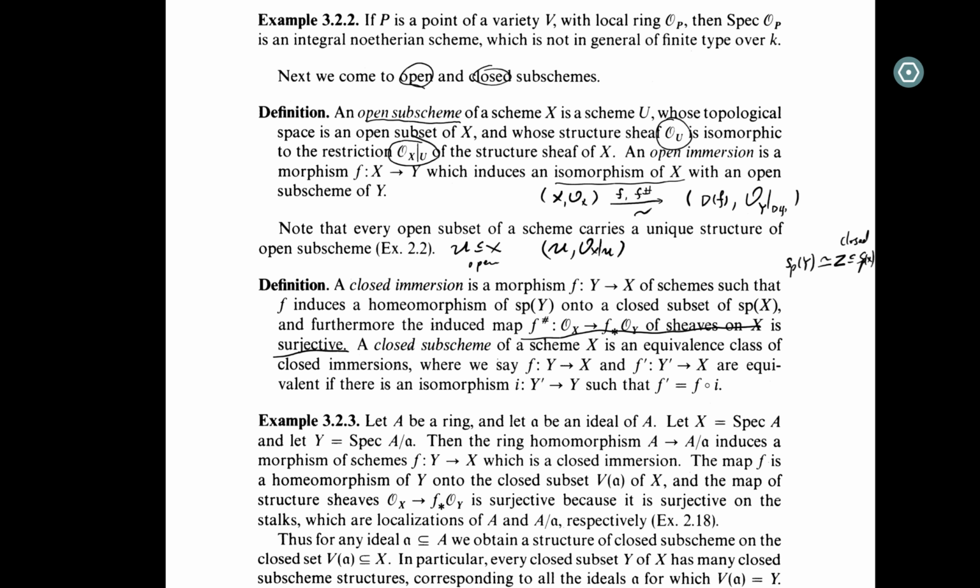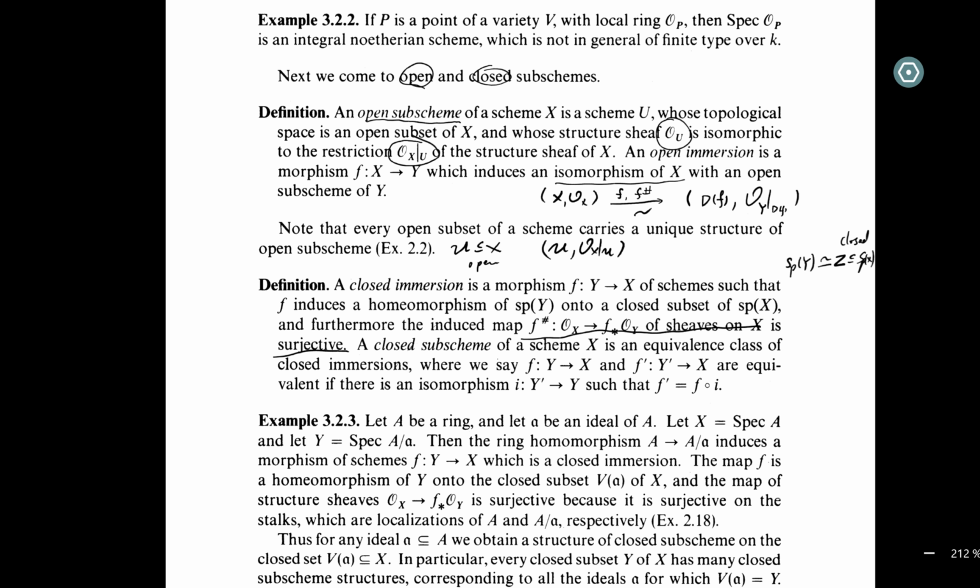A morphism f from Y to X of schemes is a closed immersion if, first, at the topological space level, it is a homeomorphism of the topological space of Y with a closed subset of the topological space of X. And furthermore, at the level of morphism of sheaves, it is surjective.